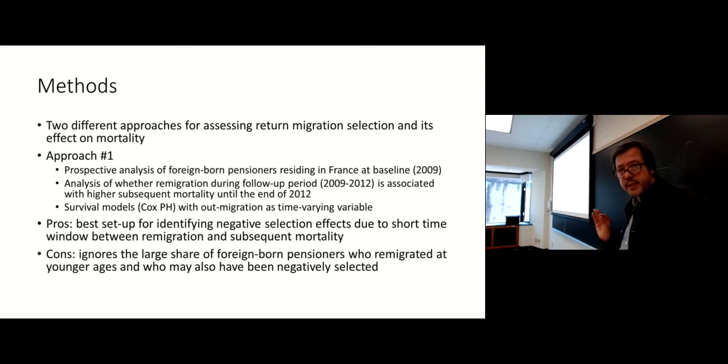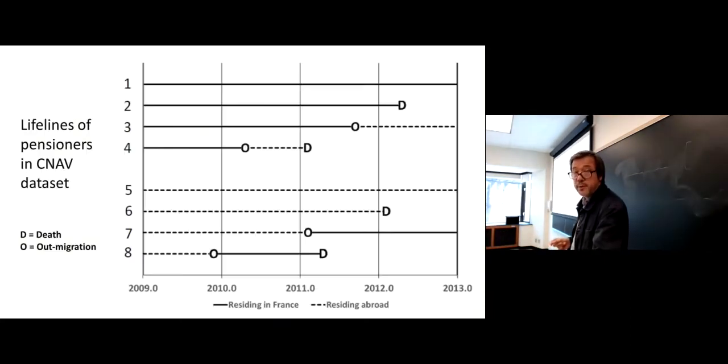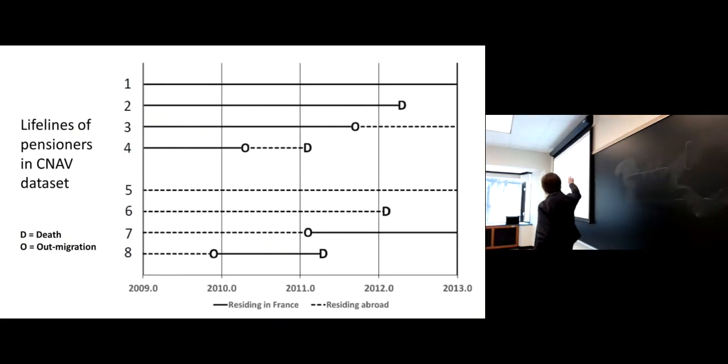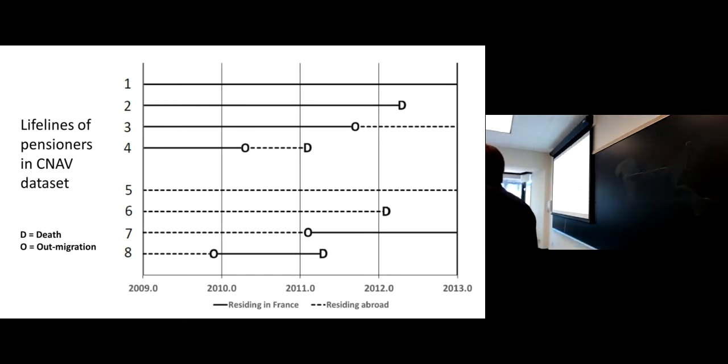We think that this is the best setup for identifying negative selection effects due to the short time window between remigration and subsequent mortality. There always is the danger, and we'll talk about that here, that if they out-migrate to countries with worse conditions, this could affect what happens after out-migration.